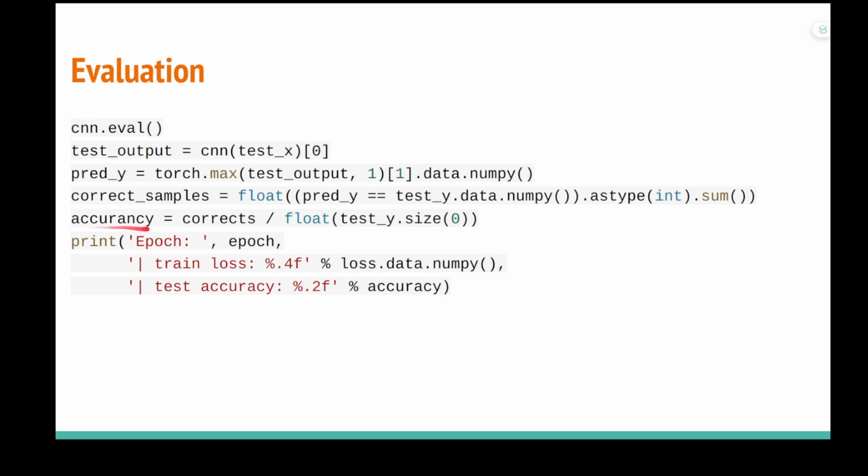After we get the accuracy, typically we will print the epoch number, so we know whether this is the first epoch or second epoch, and then we print the value of the loss function, so we can see the loss decrease through the training procedure for each epoch. And then we print out the accuracy so that we can see how the accuracy changes. The loss function is actually the loss on the training data.